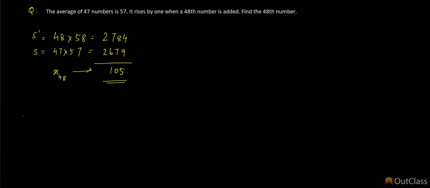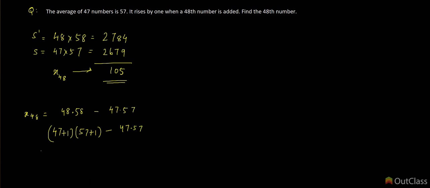One is to simply say that I'm going to use the same formula, but do some algebraic tweaking. X48 is basically 48 into 58 minus 47 into 57. But can I not write this as 47 plus 1 into 57 plus 1 minus 47 into 57?